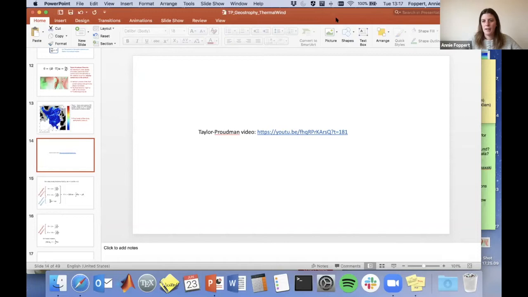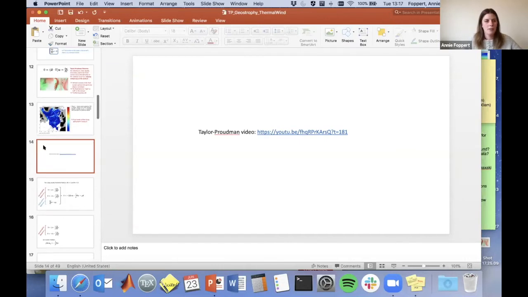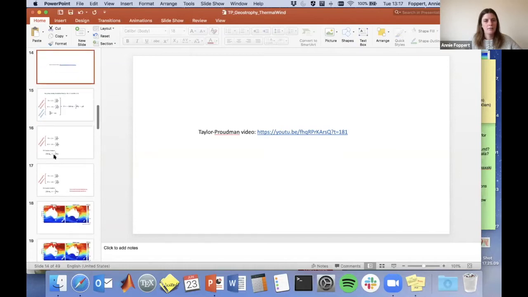And Felipe asks, does it happen above seamounts close to the surface? I would say yes, it can. I don't have examples of observations of Taylor columns, but I can look for those.